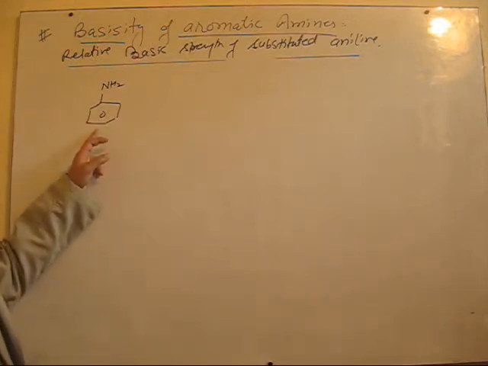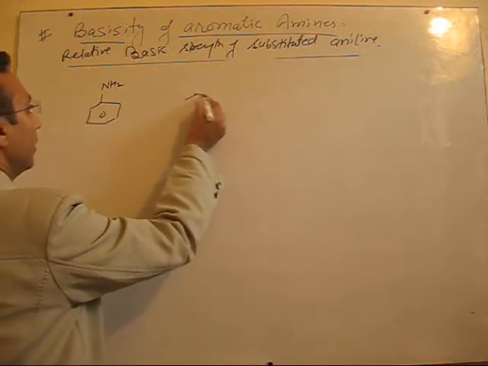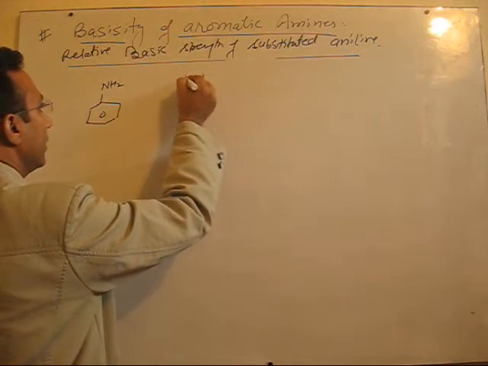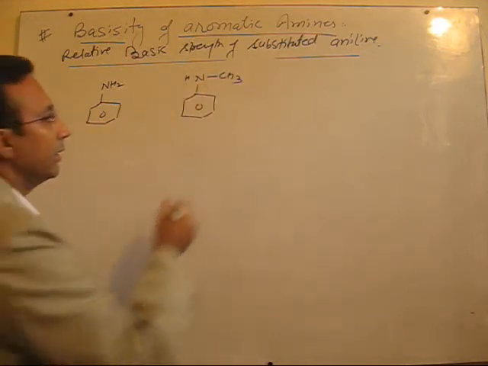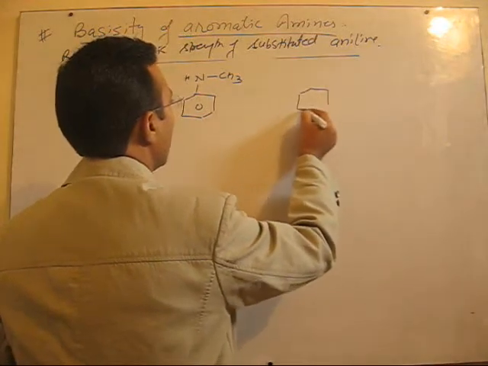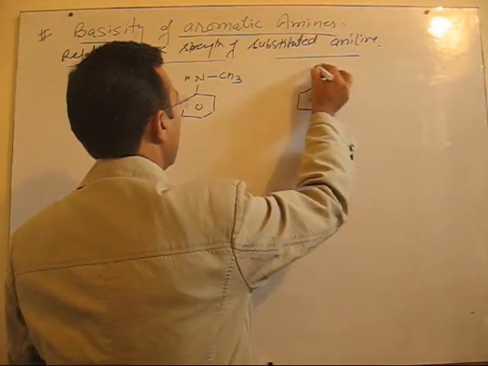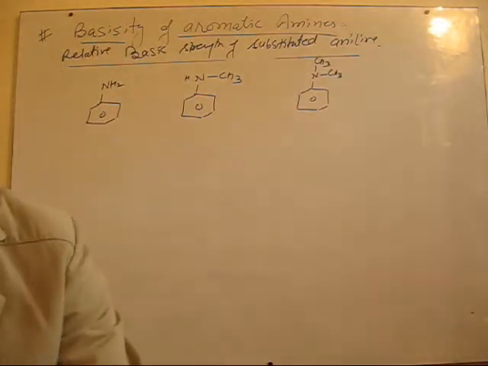Now we will discuss if substituents are present on the nitrogen. For example, we have aniline, and then we have N-methyl aniline, and further we have N,N-dimethyl aniline. Fine.